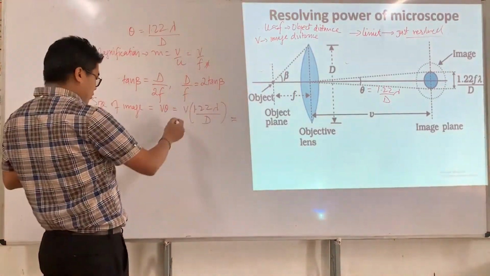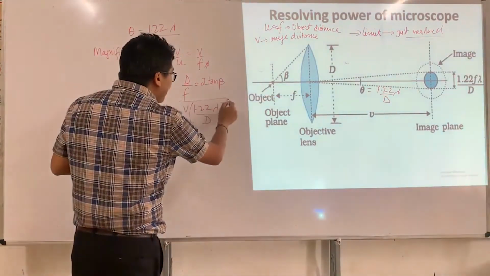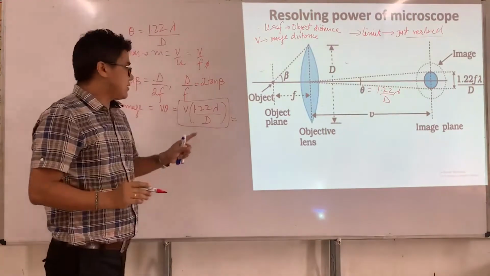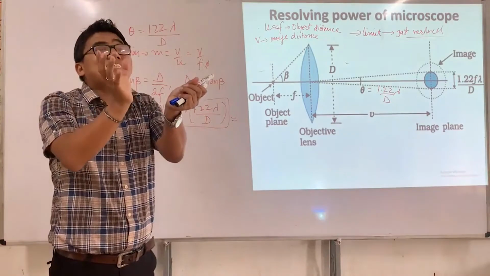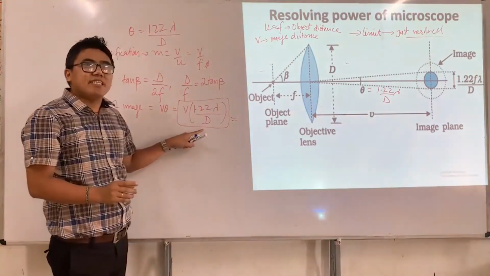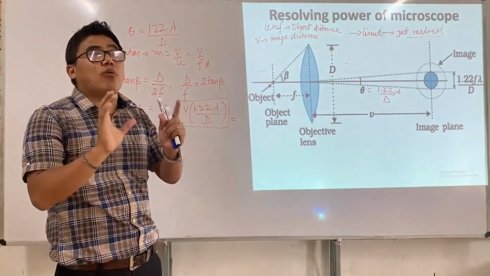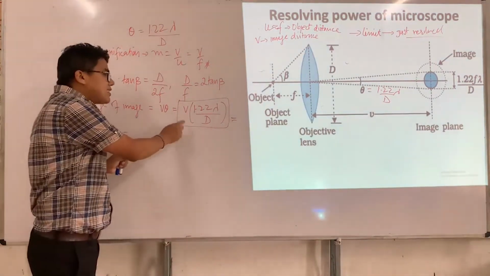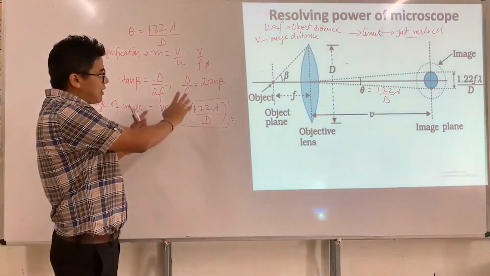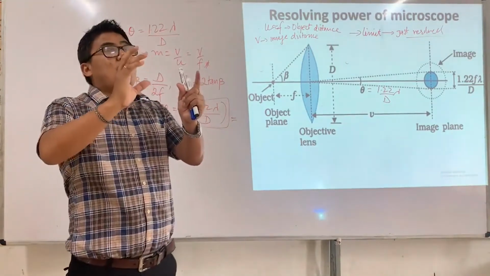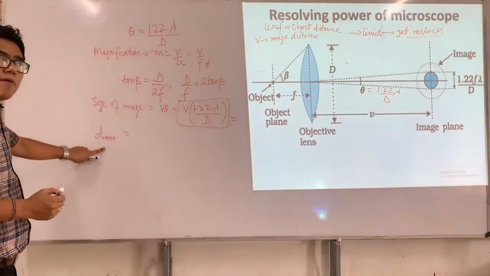So that means for this image, two images of microscopic particles are just resolved. This is a limit where two images of microscopic particles are just resolved. The corresponding distance is what we define as the minimum distance.